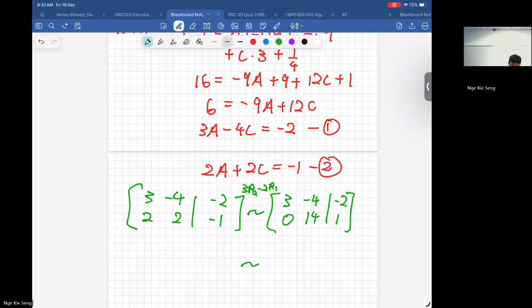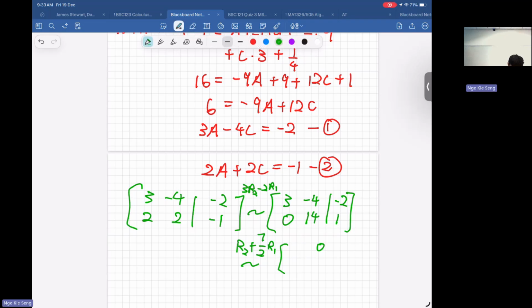So I need to make the number above 14 zero to make it a pivot. So I take row 2 plus 7 over 2 row 1. Correct. Here I get 0.